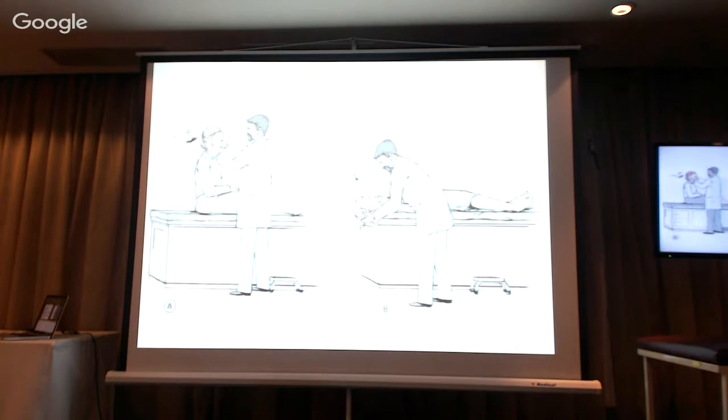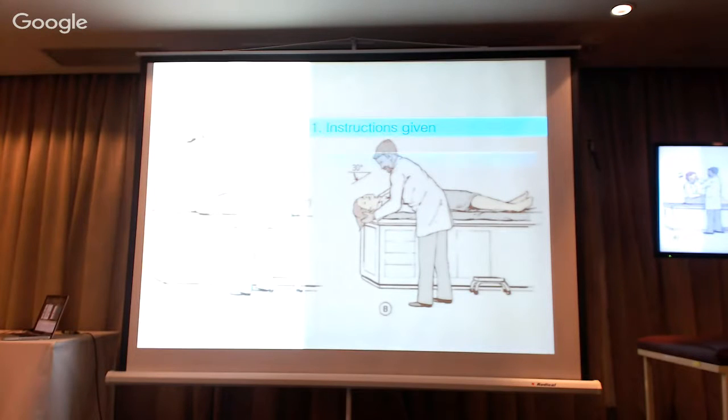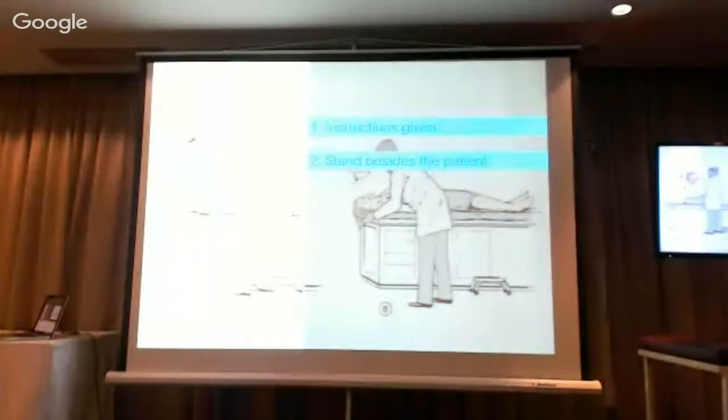First 2 steps. The 2 important steps here are instructions and standing beside the patient. So instructions, what sort of instruction are you going to give to this patient? You will say that you are going to turn your head and put yourself down, and you are likely to get symptoms. And if you become sick, don't worry, you're not going to fall. Reassure the patient because it's very important, it's very frightening for them to have that.